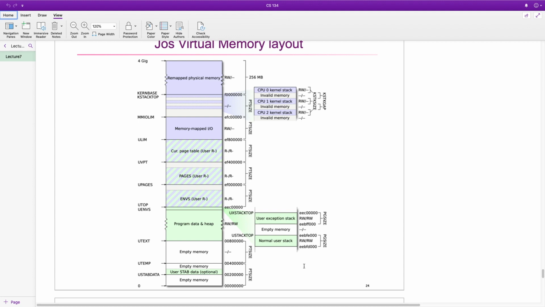We have environments, which are kind of like lightweight processes, and those are available to be read by the user. Unlike POSIX, Unix, XV6, we're going to allow our user processes to have a lot more insight into what's going on and a lot of control. So it can actually know about page tables and things like that.